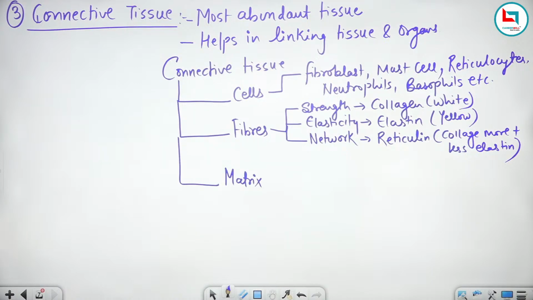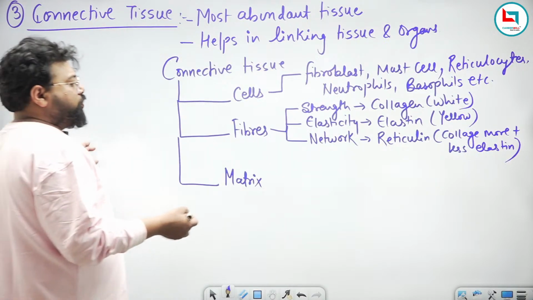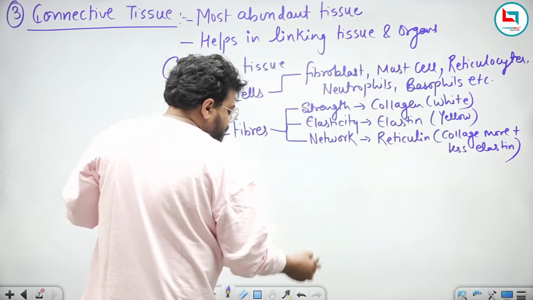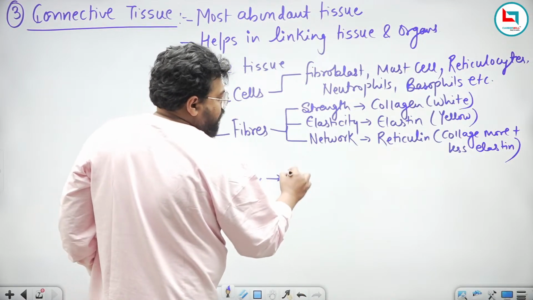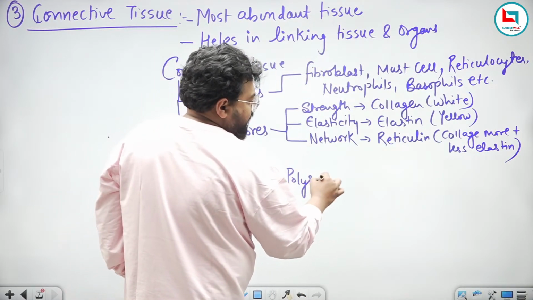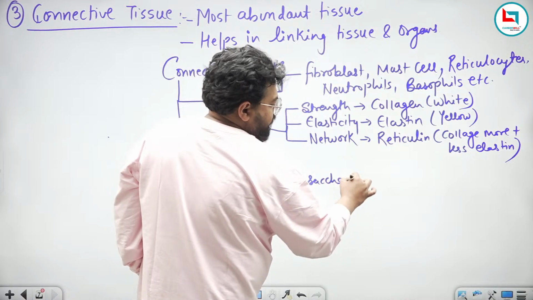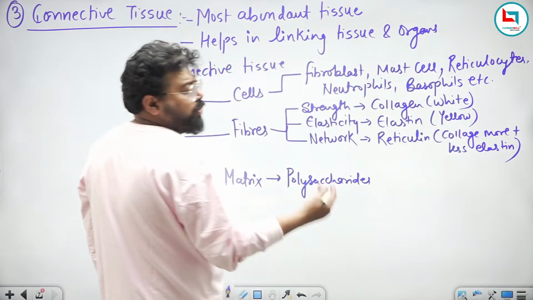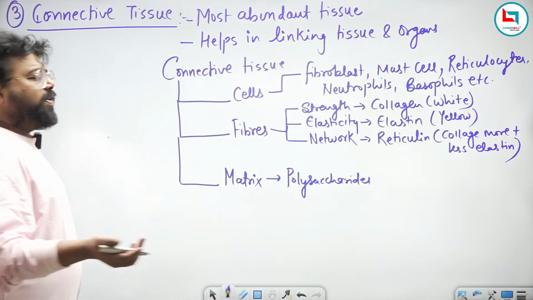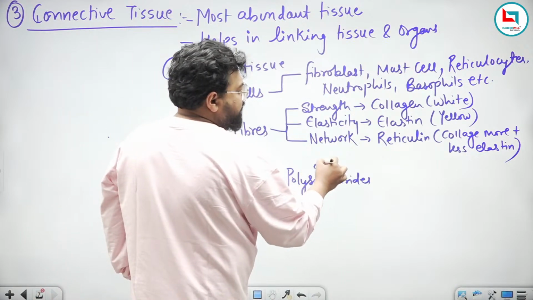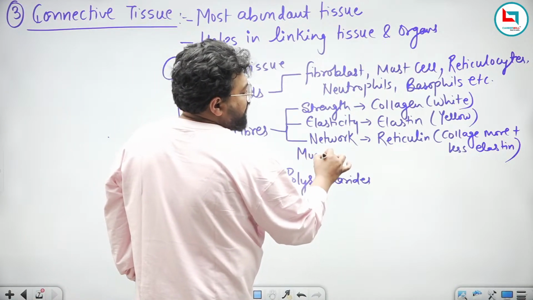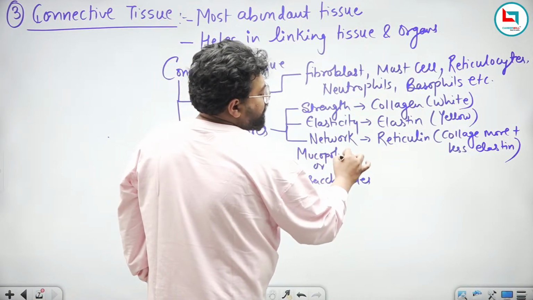And the matrix, or ground tissue, is made up of polysaccharides, that is carbohydrates, or we can call them mucopolysaccharides, because they also release a little bit of mucus.